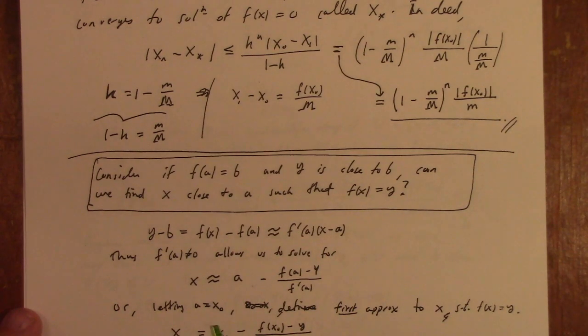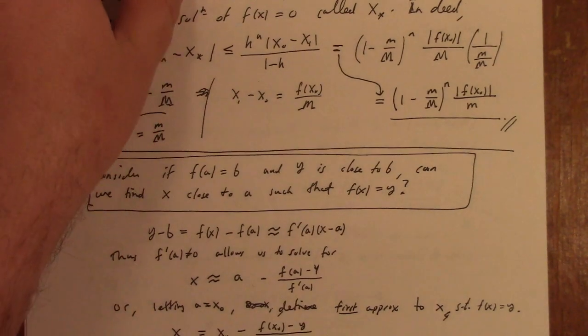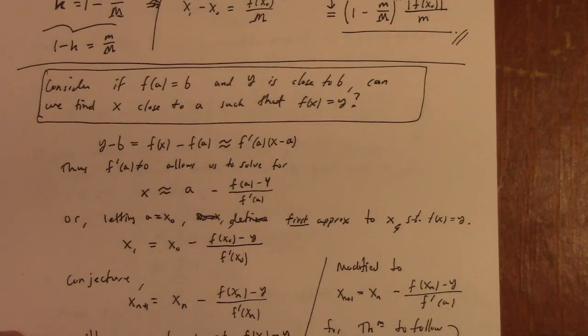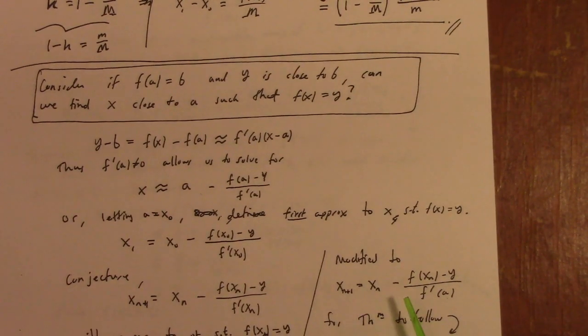And then, let x naught equal a be your first guess. And then x1 would be when you feed x naught into this, and then just keep going. So you're basically modifying the idea of Newton's method to just try to find x as a function of y in this sense.